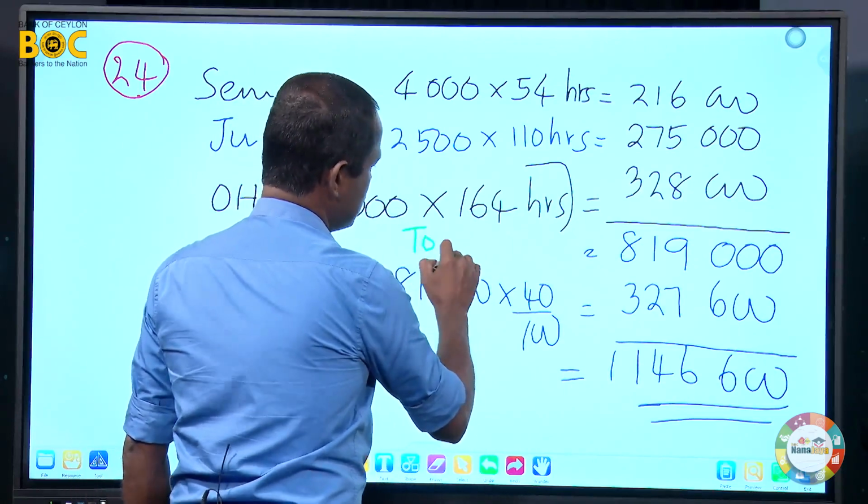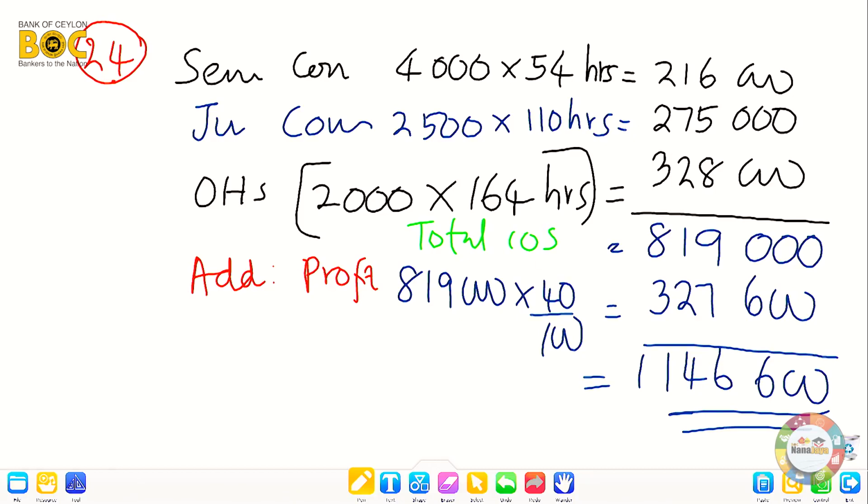To that 819,000 you add the profit of 40%, then you get the assignment fee, the fee to be charged.